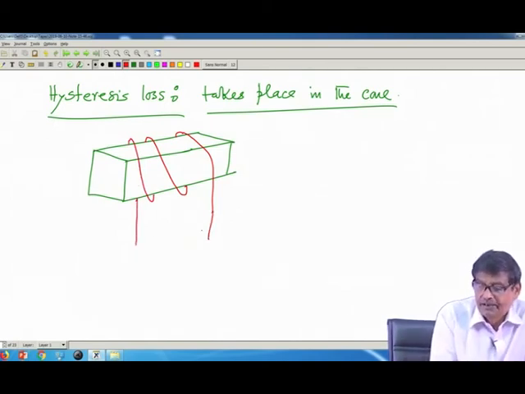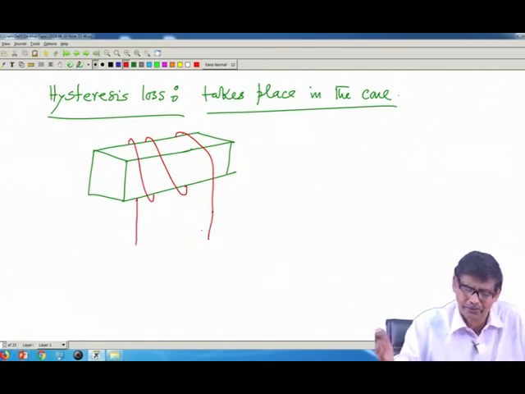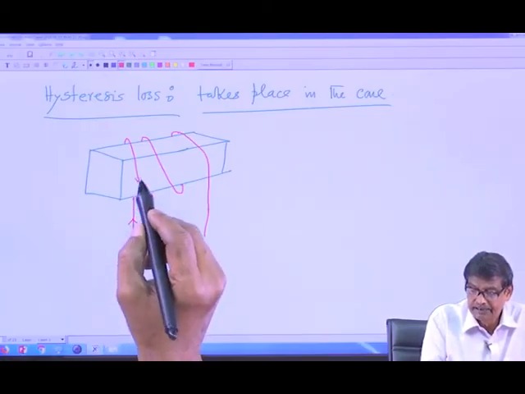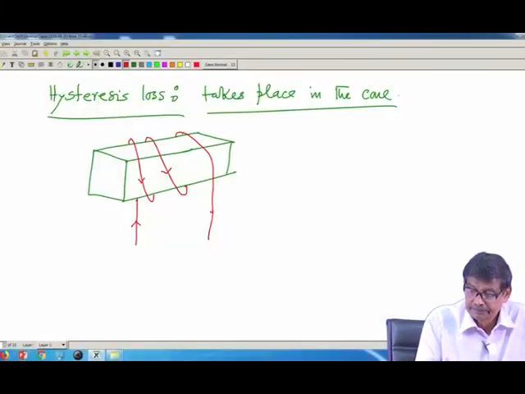Like this, a coil is wound, and this length is more, whatever it is. And suppose you pass some AC current.